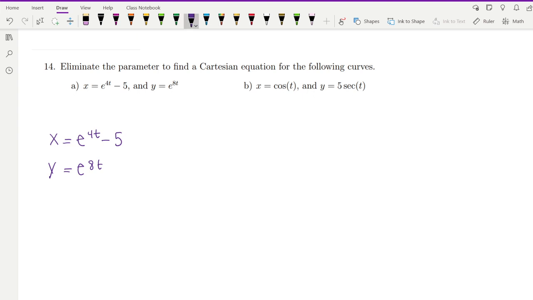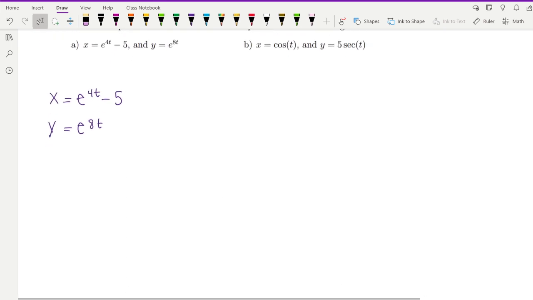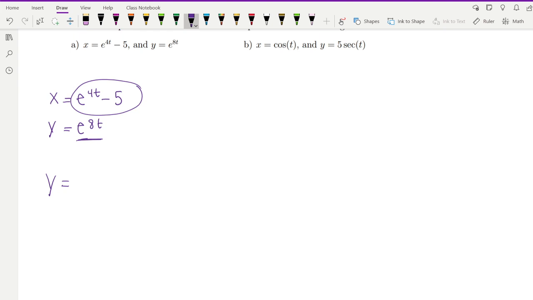You would have to take ln of both sides and then plug the ln into the other one. It would work, and if you did it that way, it's totally fine. But I think it's a little easier to do this by just thinking through it in a clever way. So let's try to think, how could we build up e to the 8t using e to the 4t minus 5?